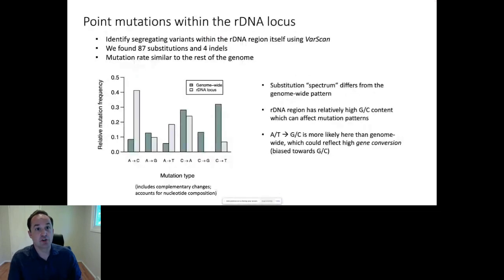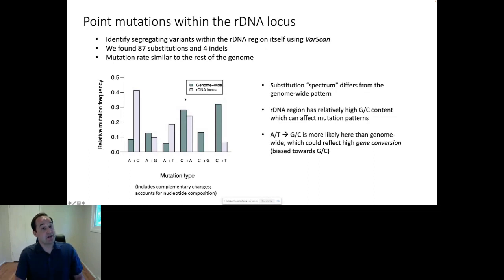Finally, I do also want to look at point mutations within the rDNA locus itself. This is another thing that we weren't able to do before, actually score point mutations in this relatively large region of the genome. So we identified segregating variants in this region using VarScan, and found a good number of substitutions and a few indels.